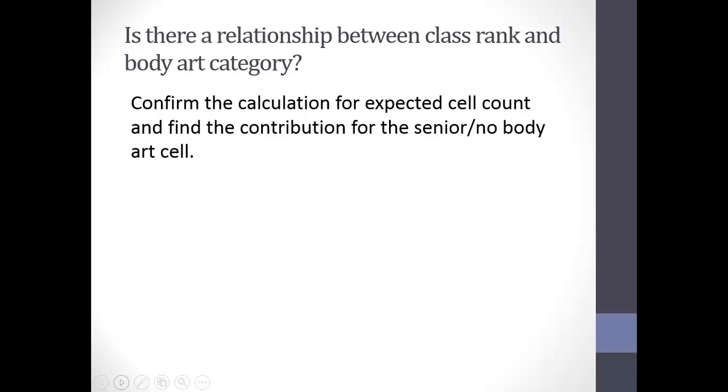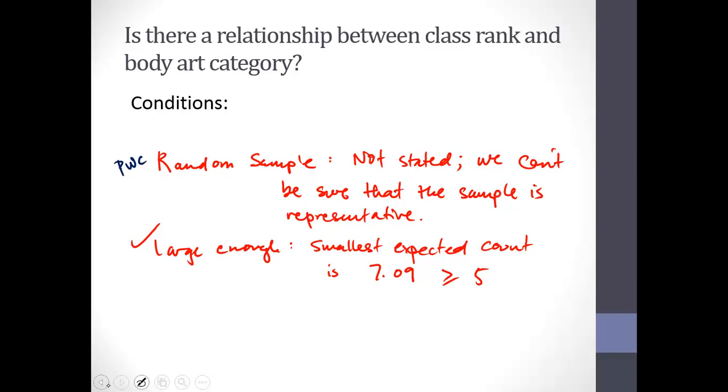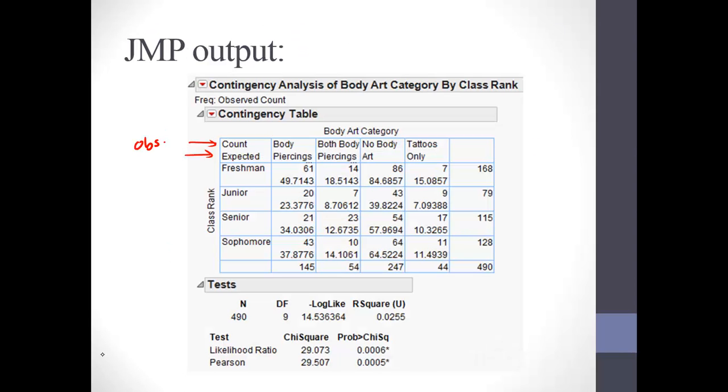So here we want to confirm the calculation for the expected cell count and find the contribution for the senior/no body art cell. So going back to, we want to look at the senior and the no body art cell. So we want to confirm that our expected count really is 57.9694, and then also find what the contribution for that cell would be.